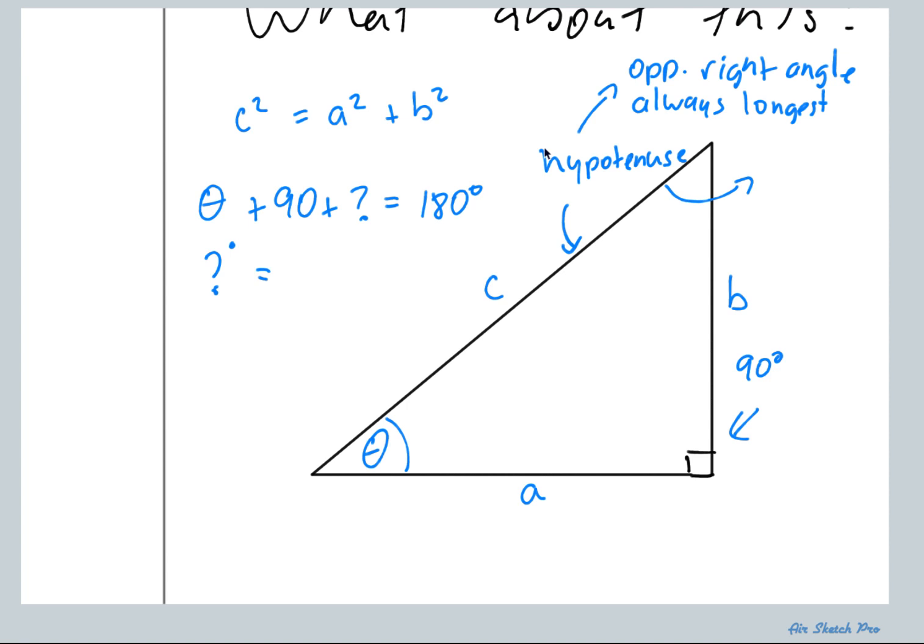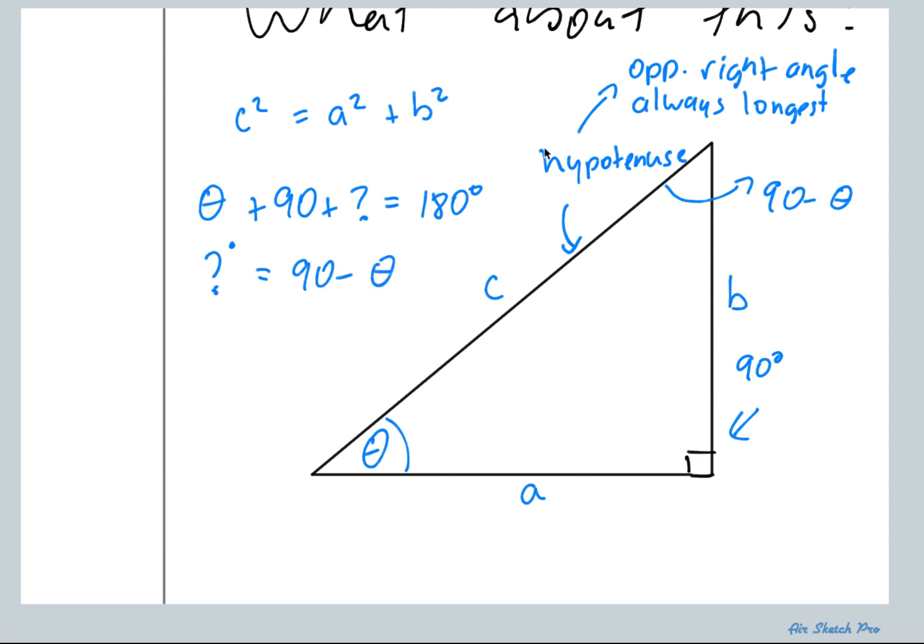Love to see your hands up because that muttering actually confuses what's going on. Ansel? Yeah, it has to be 90 minus theta, right? For two reasons. Number one, if I subtract 90 from both sides, I get theta plus question mark equals 180. And then if I subtract theta from both sides, I get 90 minus theta.